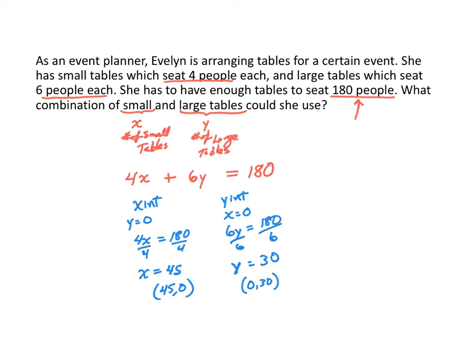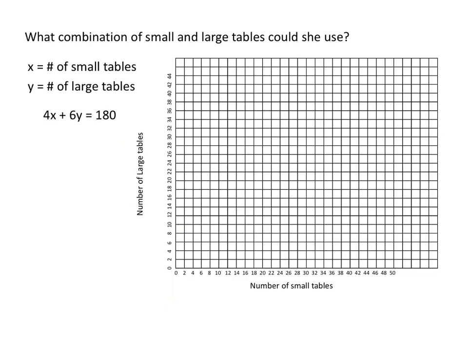All right, so how can we use those numbers to find any combination of small and large tables she could use? Okay, well, let's take a look at a graph. So if we were going to graph that, remember we found the x-intercept was 45. The y-intercept was 30.